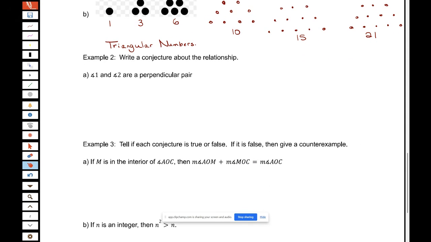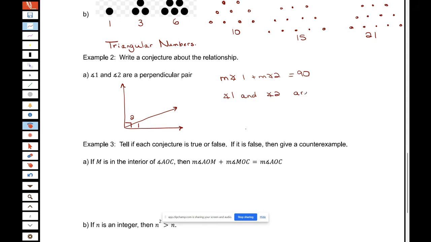All right. So the next kind of problem would be writing a conjecture about a relationship. So you write down some statement that is true based on the information that you have. So there could be more than one possible answer. So the first one I said, angle 1 and angle 2 are a perpendicular pair. And this is what a perpendicular pair looks like. There are some true conjectures you could make on that. Measure of angle 1 plus measure of angle 2 equals 90. Another conjecture, you could say angle 1 and angle 2 are adjacent.